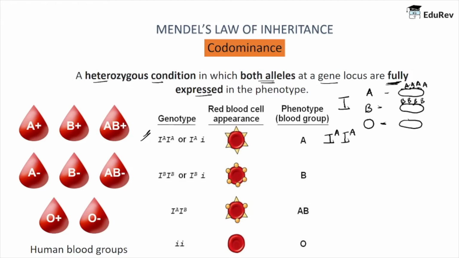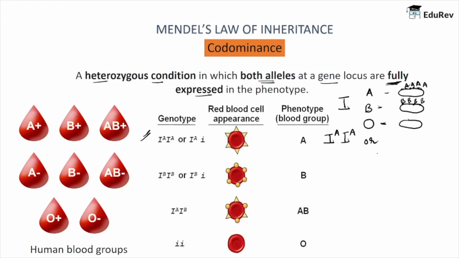This represents blood group A, because both the alleles are capital A. That is why it is representing blood group A. But this is the homozygous dominant, homozygous because both the alleles are the same.